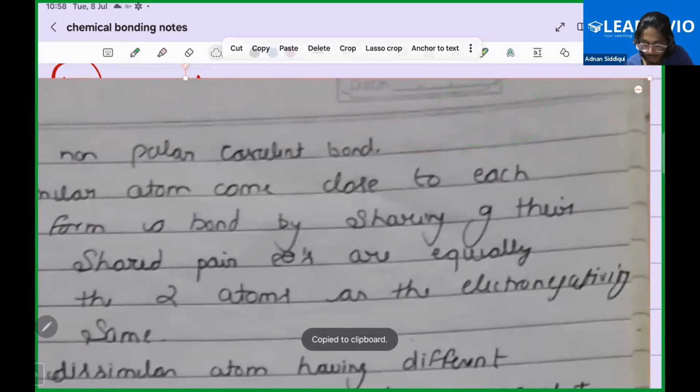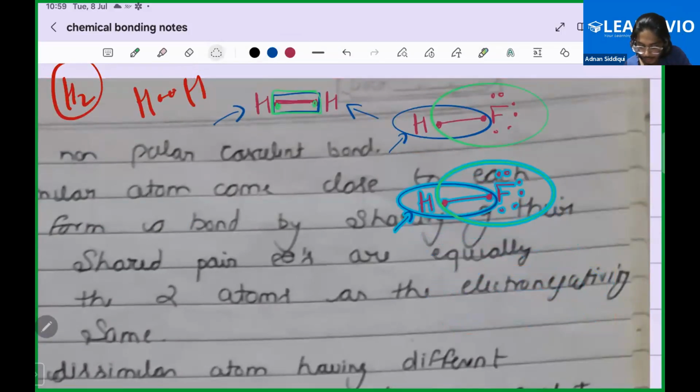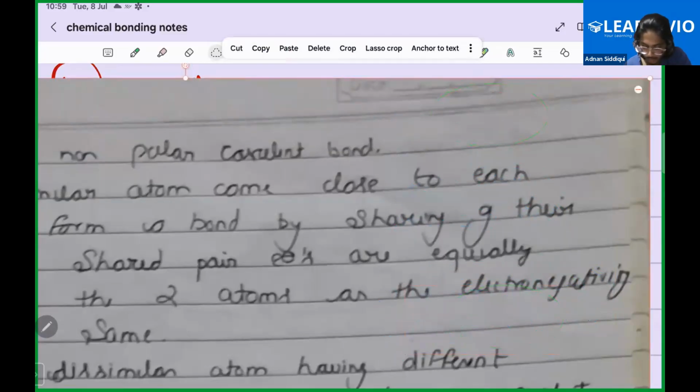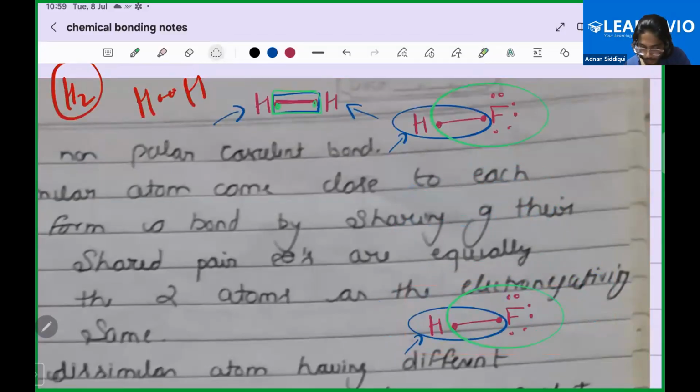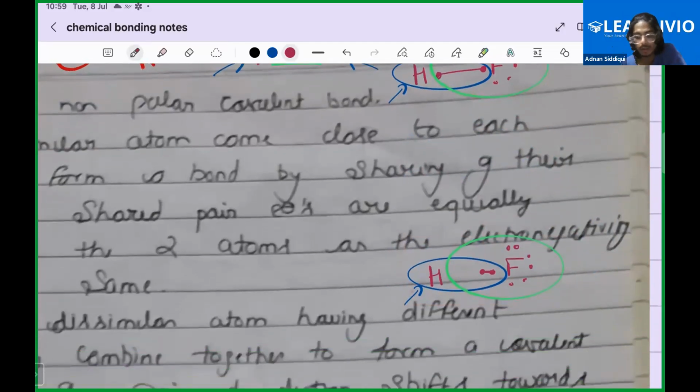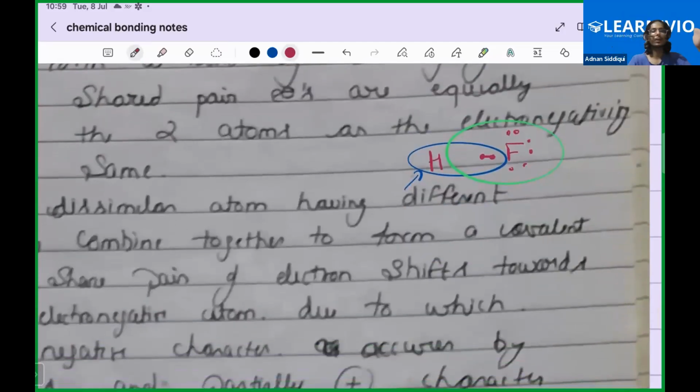It is going to pull the electron density on itself. Now the electrons are going to be more shifted towards fluorine. These two electrons are now more shifted towards fluorine due to electronegativity. So it's kind of a coordinate bond. Not a coordinate bond, just the electron density.